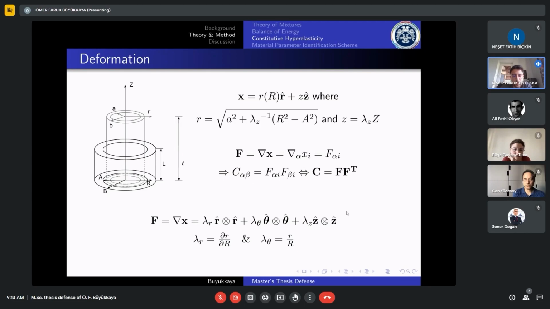In such an axisymmetric deformation, the deformation gradient is actually in diagonal form, and the components are the stretch ratios in their respective directions, and lambda z is imposed by the experiment.